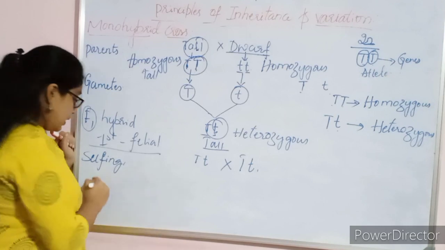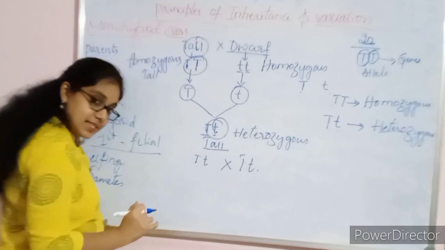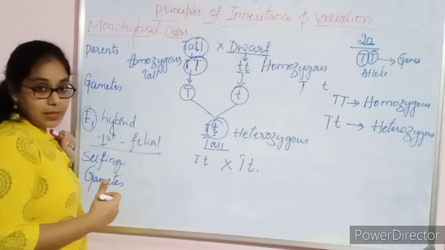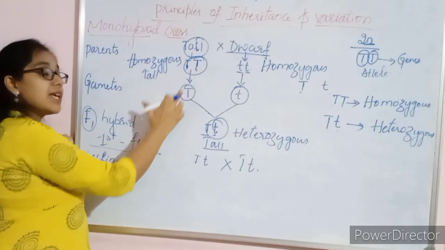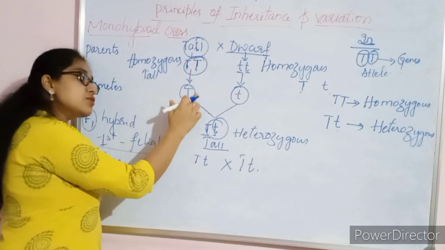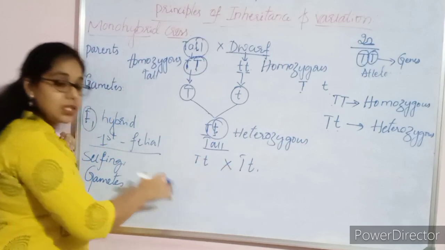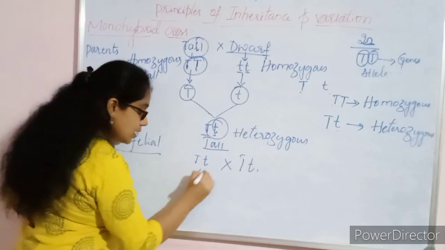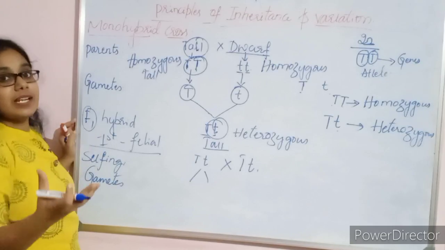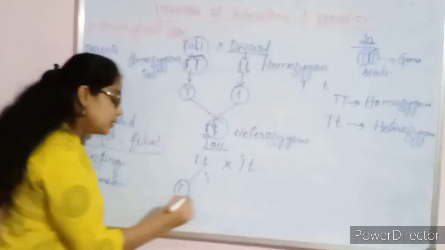Understood? Next, these again act as parents now, so they have to release the gametes. Since it was a homozygous condition, that means the two alleles were the same, they released only one gamete. But here there are two different alleles, so they are going to release two different gametes. One is capital T, you have to write it in a circle.